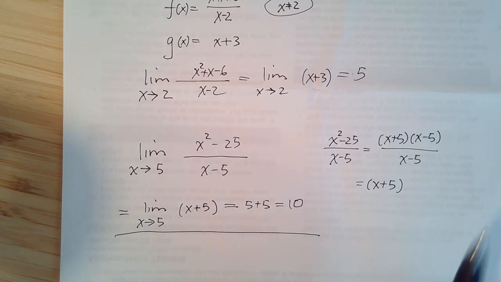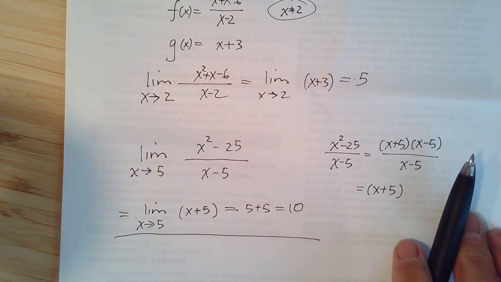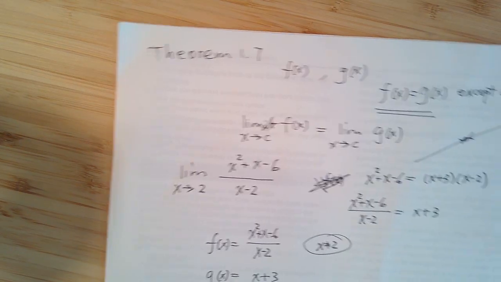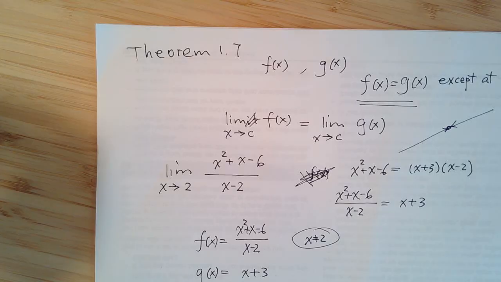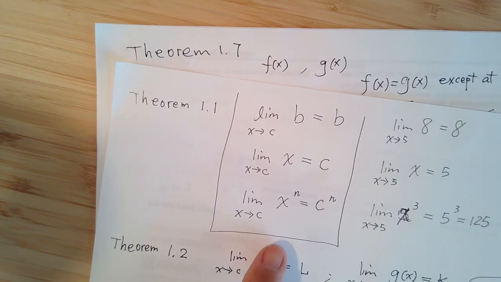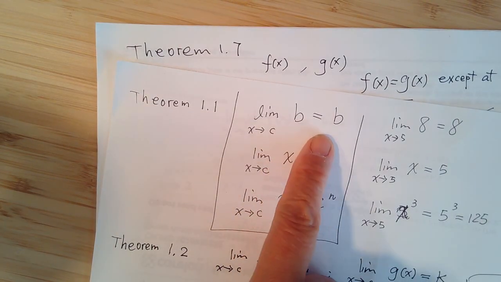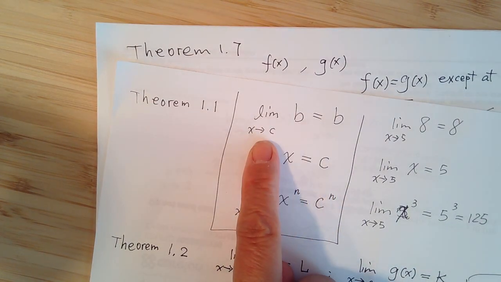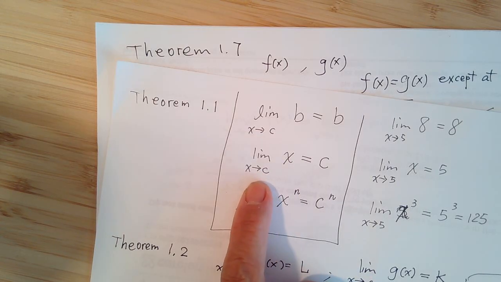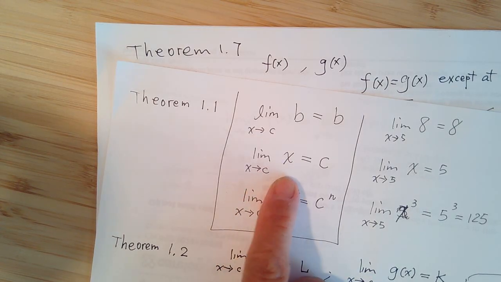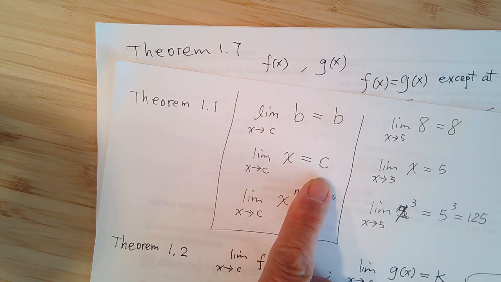Okay, so now we're going to think about all the theorems that we learned for the properties, right? What was the first property? I don't know whether you still remember. The first property is a very special case. A constant is still the constant, it doesn't matter about x. The limit as x approaches c of x will be c.